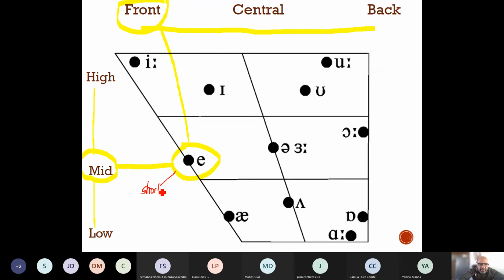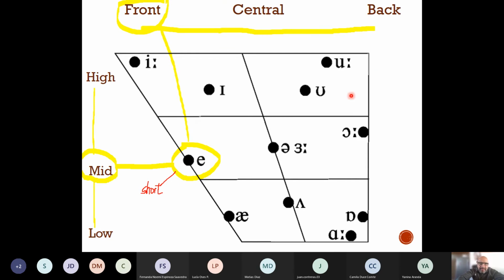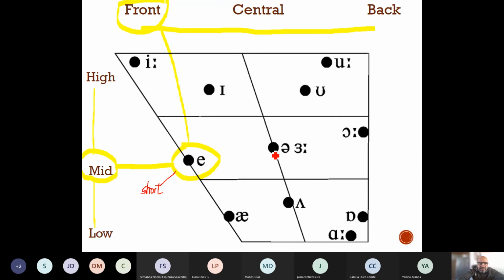The long vowel sounds are the ones you can see here, and the rest are short. So position, height, and length.